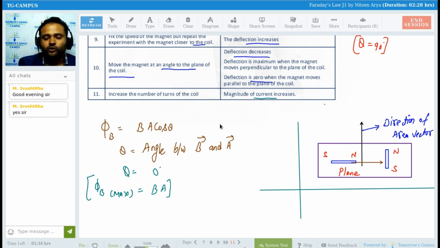So when you move your magnet parallel to the plane, theta is going to be 90 degrees. When we start moving this magnet perpendicular to the plane, it is parallel to the area vector, and that is why in the perpendicular case we get maximum deflection, and in the parallel case we get minimum.